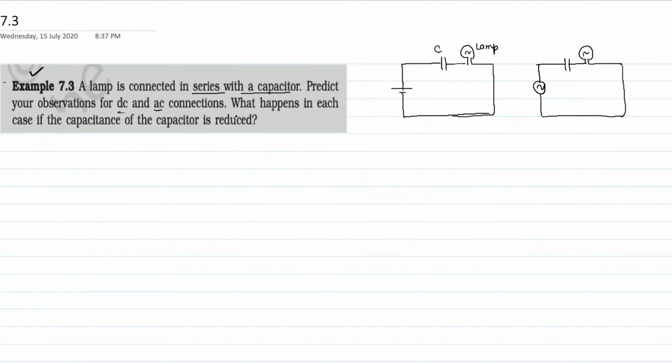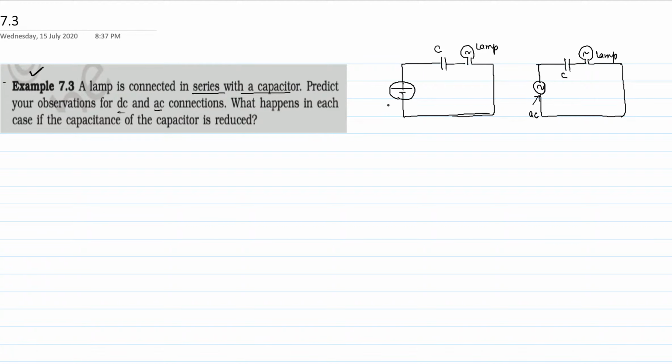So the question asked is: a lamp is connected in series with the capacitor. This is the same capacitor and this is the lamp. Here the input voltage is in the DC form and here the input voltage is in the AC form.